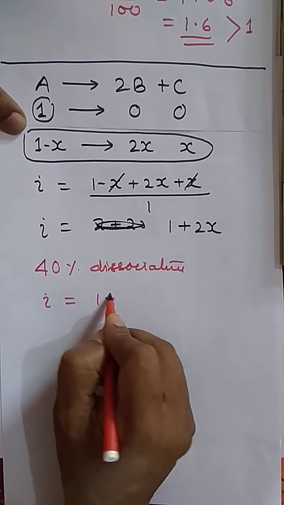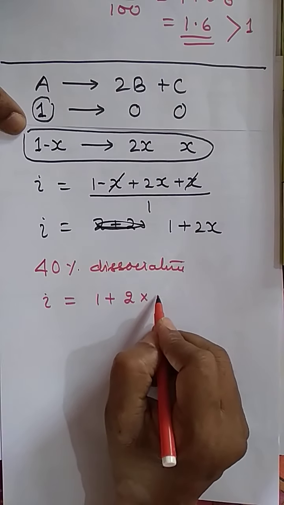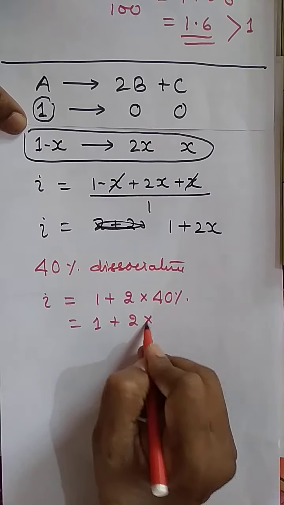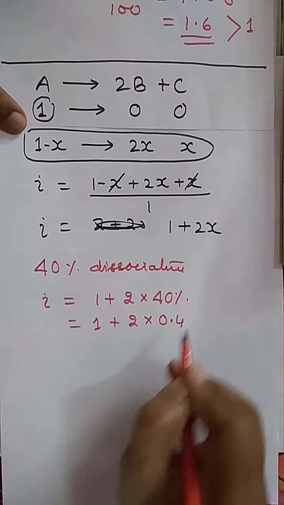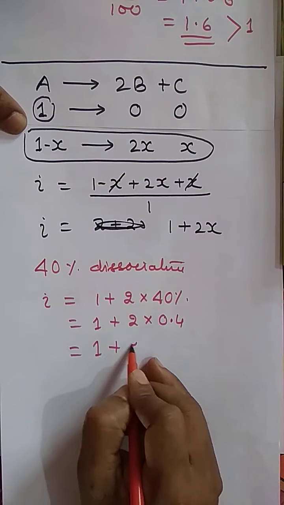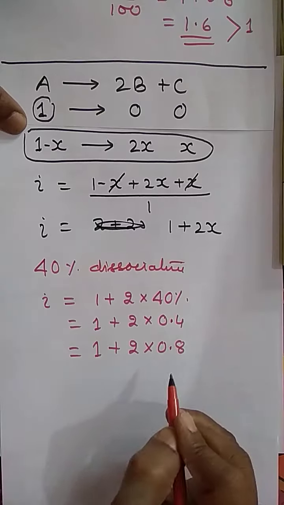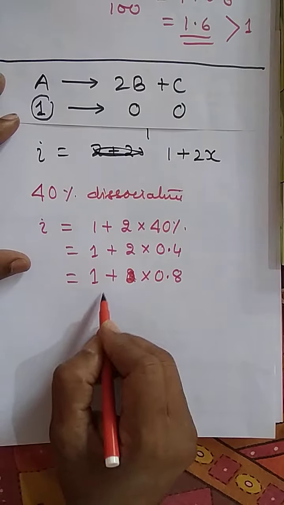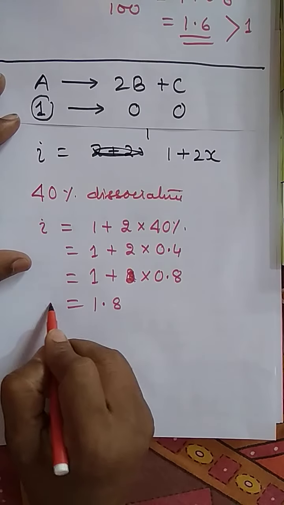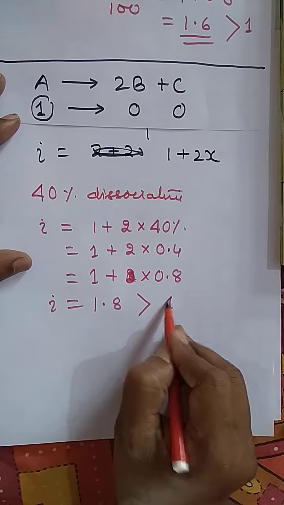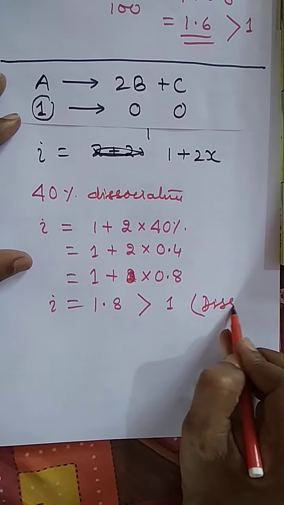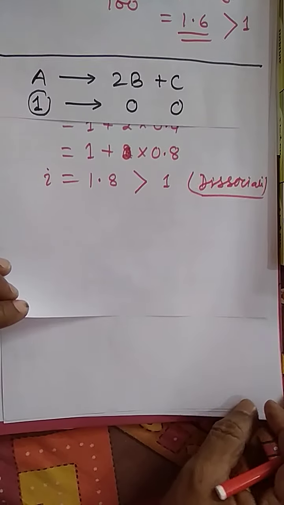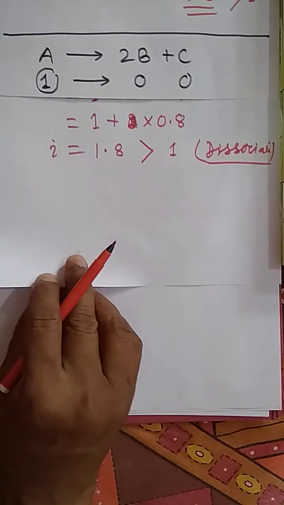I is equal to 1 plus 2 into 40%, or 1 plus 2 into 0.4, or 1 plus 0.8, or this is 1.8, the value of I, and it is greater than 1 because the case is dissociation. Okay friends, so you can calculate the value of I very easily in this way.